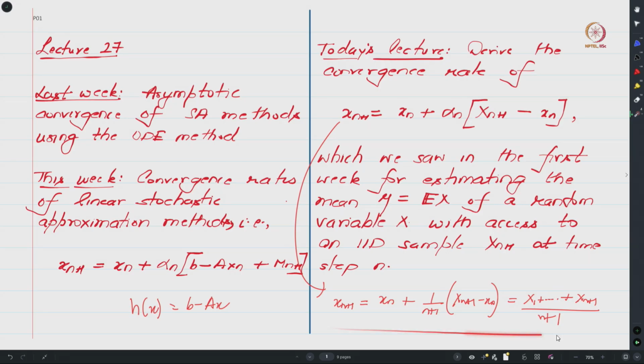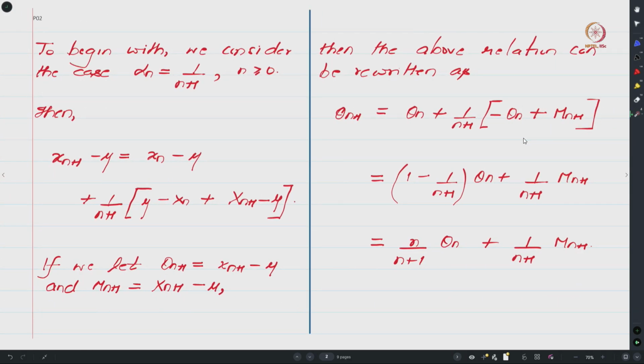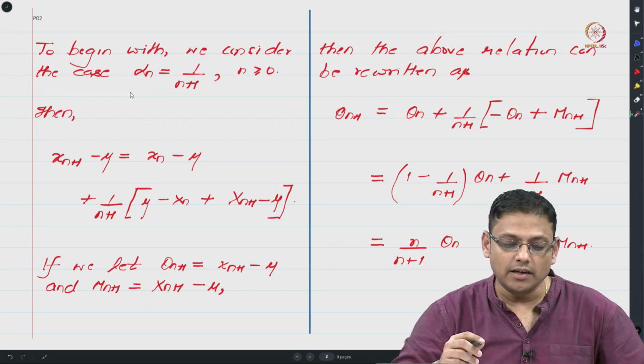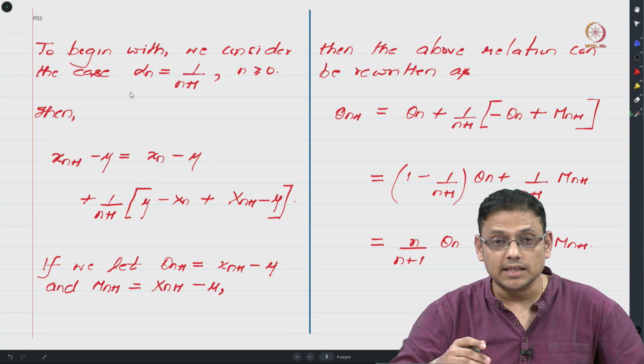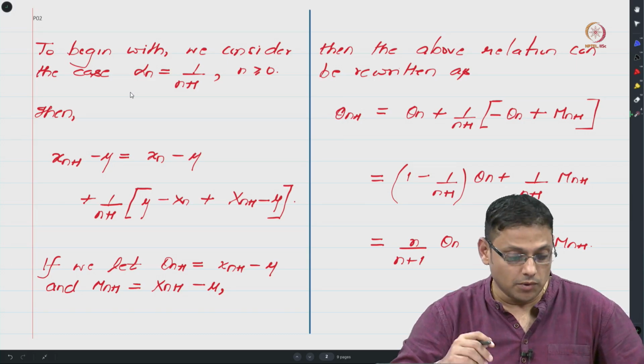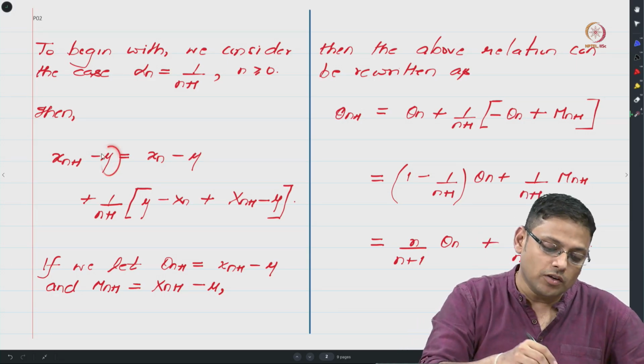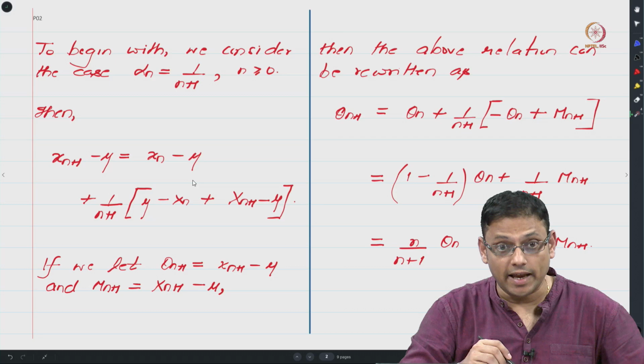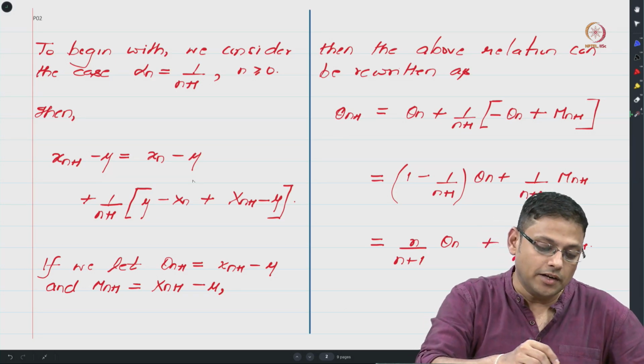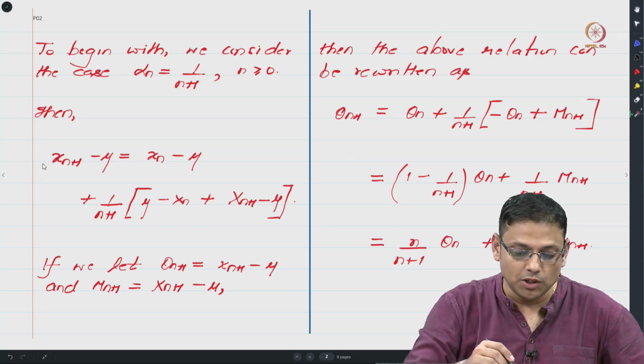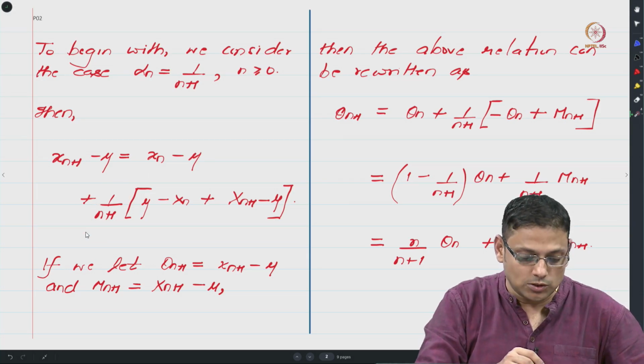Now given this setup, since we are taking the sample average, one can view this update rule with alpha_n equals 1 over n as the natural thing to do. And one would like to know in this case how fast the algorithm converges. So what we will do is subtract mu from both sides, so that we can write the update rule as x_{n+1} - mu = x_n - mu + 1/(n+1) times the bracket.